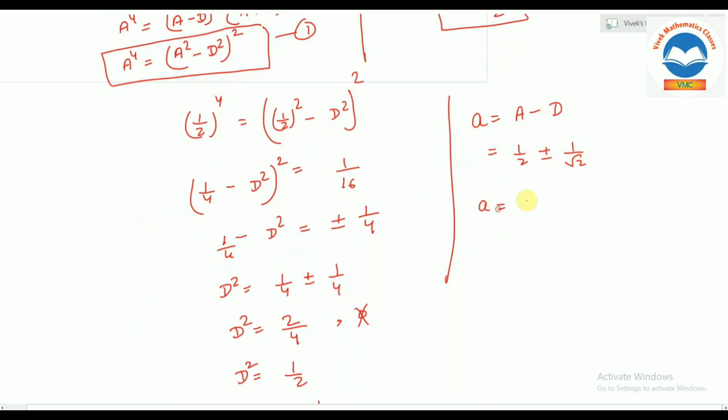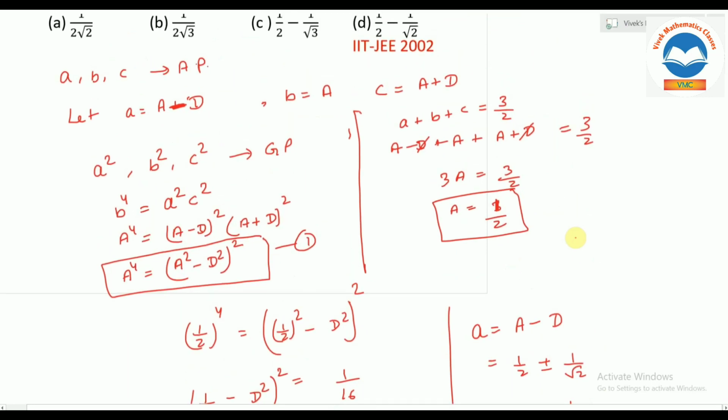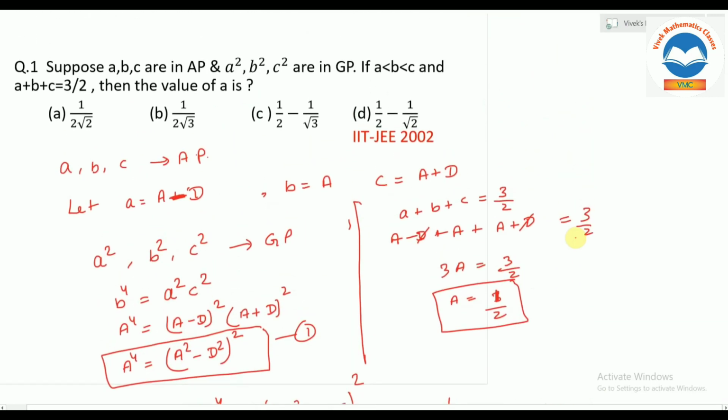So either A will be 1 by 2 plus 1 by root 2 or A will be 1 by 2 minus 1 by root 2. Any one of these. So we will check here. D part will be your answer. We will move to next.